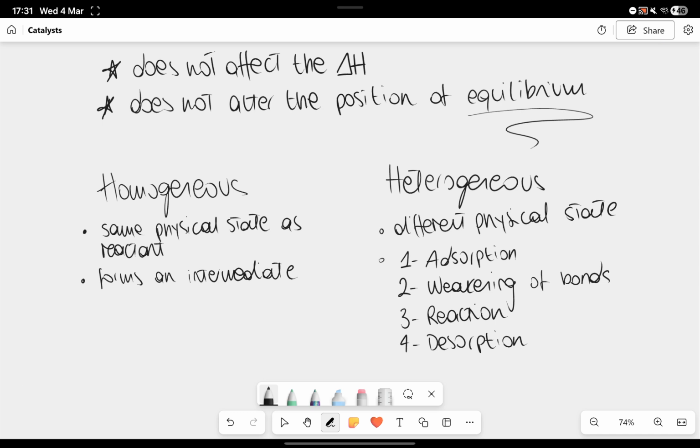Adsorption of the reactant molecules onto the catalytic surface is basically forming an intermolecular force, not absorption, where the reactant would be actually taken inside. No. This adsorption causes weakening of the bonds, which causes reaction on the catalytic surface and causes desorption of the product molecules, leaving the catalyst available for use.